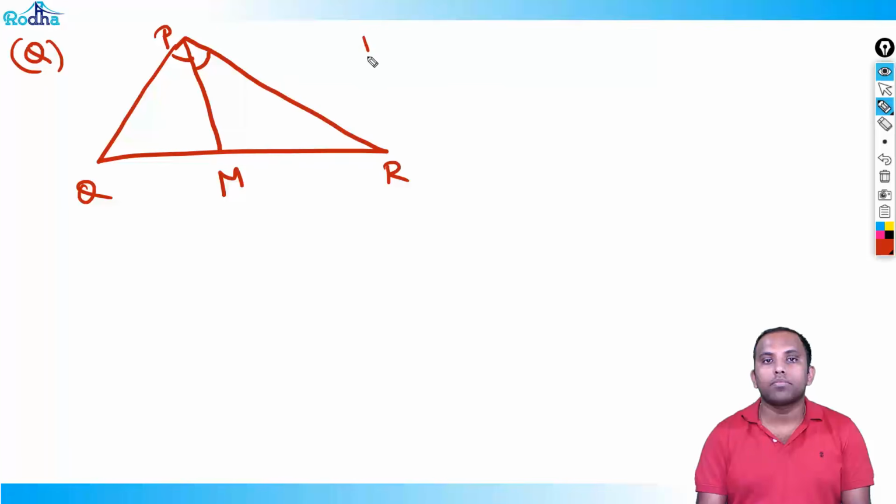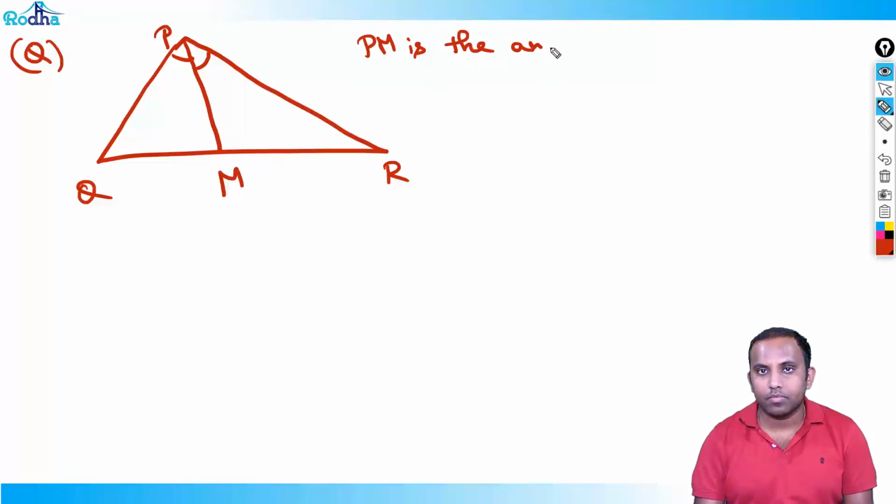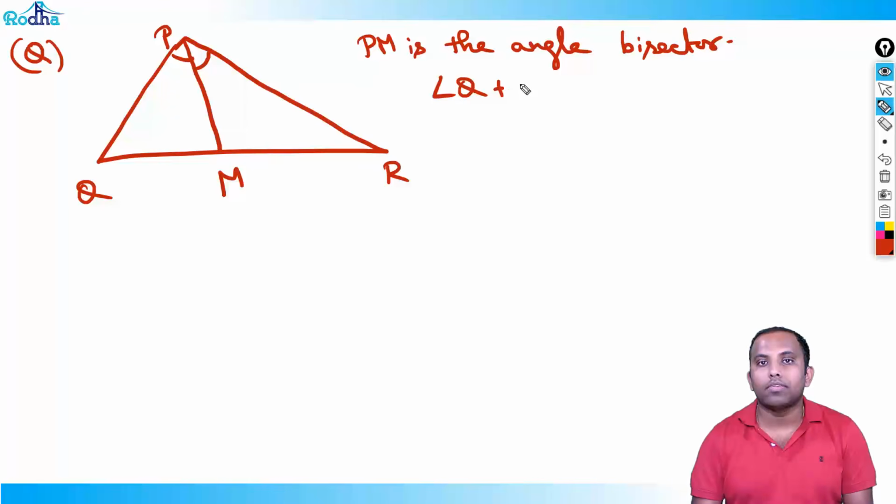So PM is the angle bisector. Angle Q plus angle R is equal to 120 degrees, given. PQ is 9, PR is 12. Question 1, what is the length of QR?